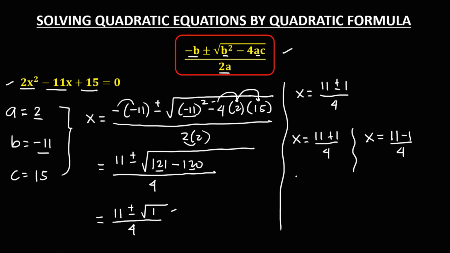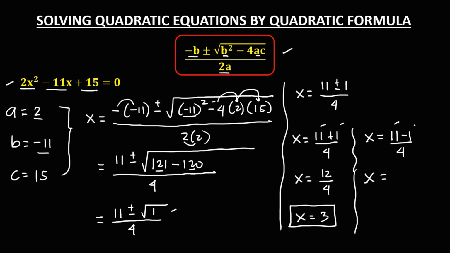Then simplify: x equals 11 plus 1, that's 12, then divide by 4, therefore x is equal to positive 3. Then the other one, x equals 11 minus 1, that's 10, then over 4. Therefore x is equal to, this one is divisible by 2, that's 5 over 2.